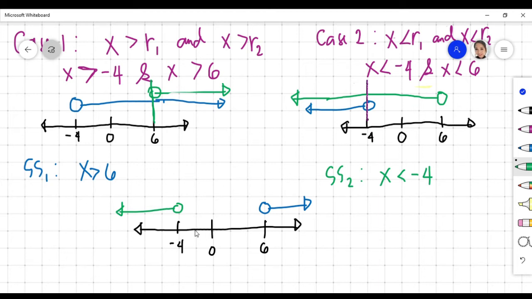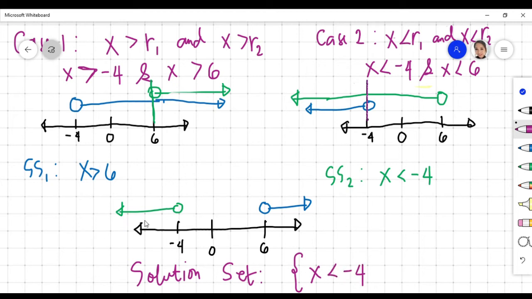So we will write the final solution set joining the two sets. So our final solution set for the two cases that we have would be, let's start with the left side, x less than negative 4.